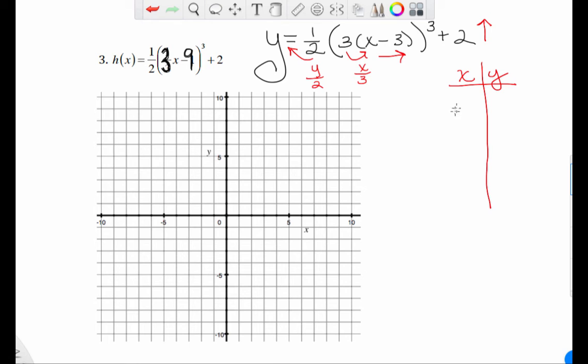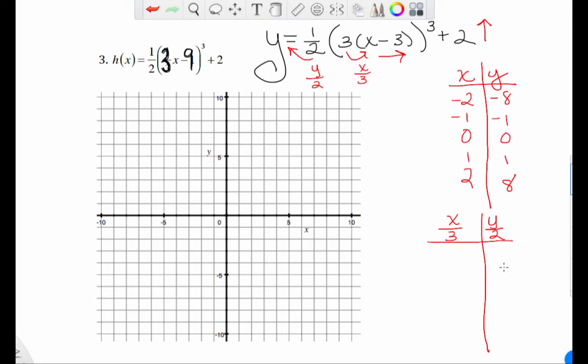And so the original table for cubed goes from -2 to 2. And when you cube each of these numbers, you get -8, -1, 0, 1, and 8. And so now all of our x values are divided by 3, and all the y values in this table are going to be halved.